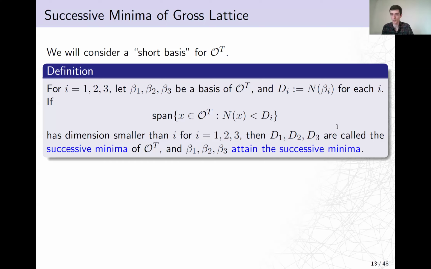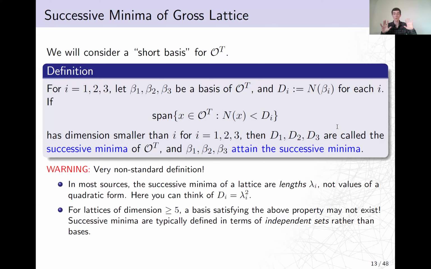I'm going to throw a few warnings up here on the screen because there's a few ways that this differs from the standard definition. The first is that I'm using successive minima to refer to norms, so values of a quadratic form, not lengths. So if you're used to thinking about successive minima in terms of lengths, you should think of the di's as being the squares of the successive minima in terms of lengths.